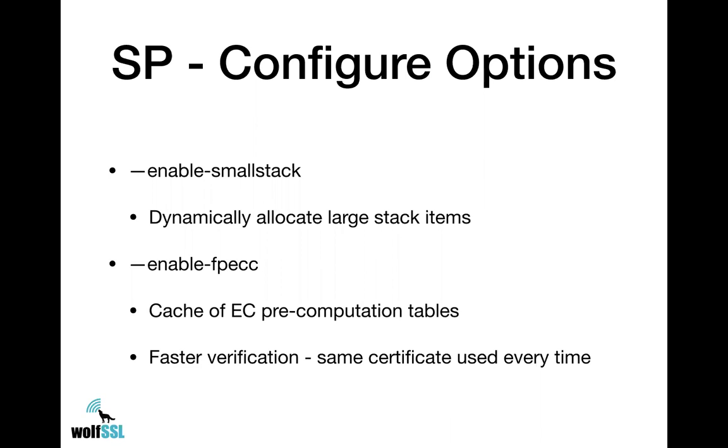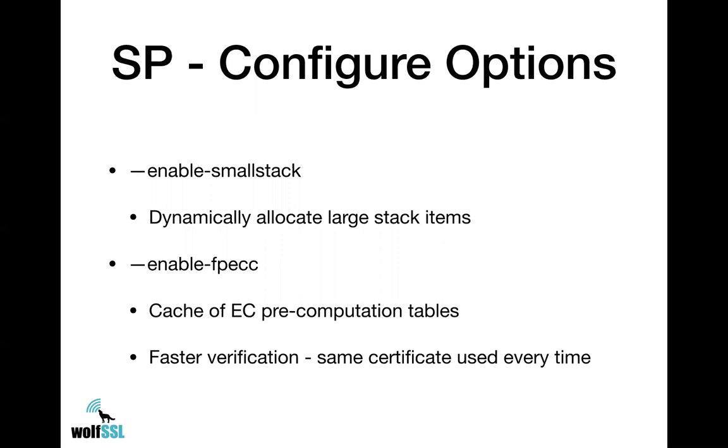Another option that applies to the standard implementation, applies to ECC explicitly and affects both the default implementation of the maths and the SP. SP implements the ECC itself within itself.